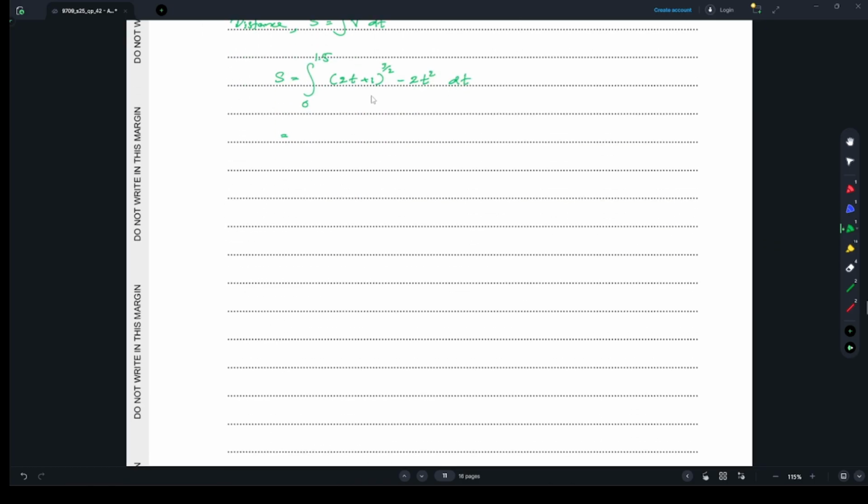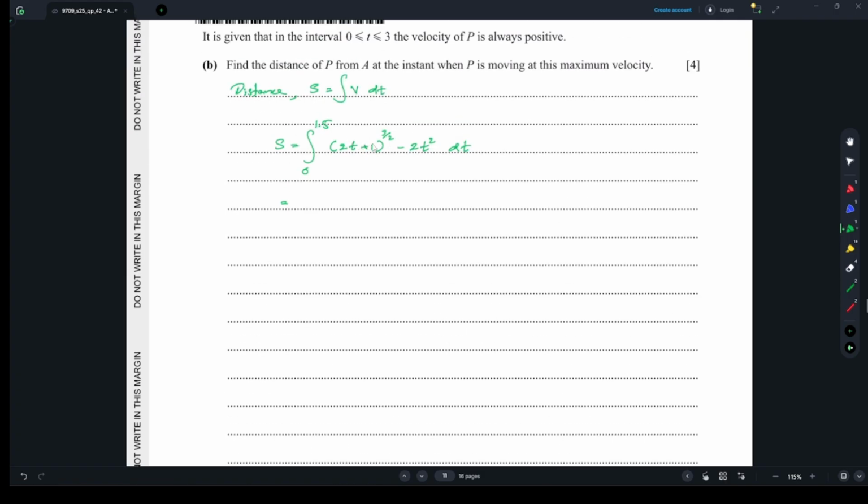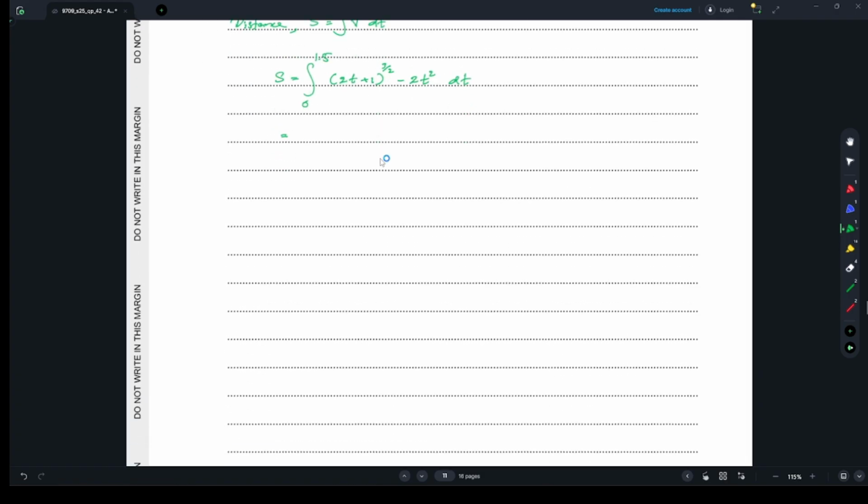Okay, so first you have to integrate this first one. So you have 2t plus 1. When we integrate, we have to add 1 to the power. So 3 over 2 plus 1 is 5 over 2. So we have to divide by 5 over 2.